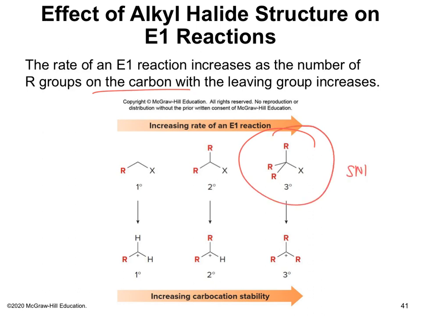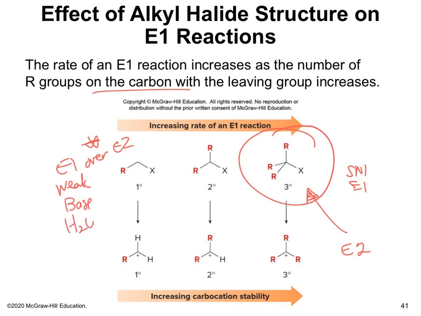The SN1 and E1 stay the same on here. Your tertiary alkyl halides are also competing now with E2. So the way you see this and determine E1 over E2 is it needs to have a weak base, and it'll be water, it'll be methanol, it will be ethanol.